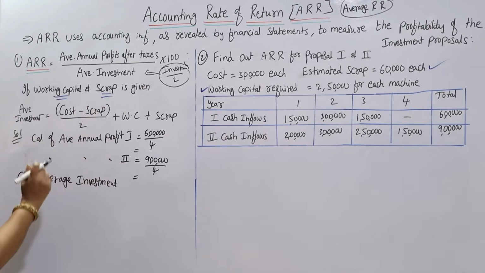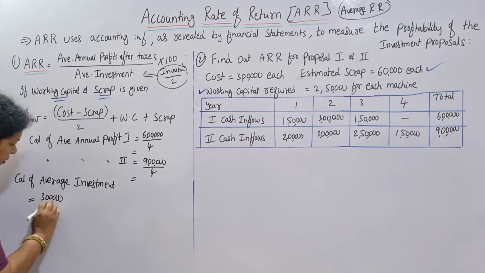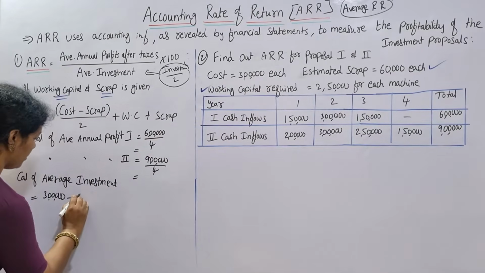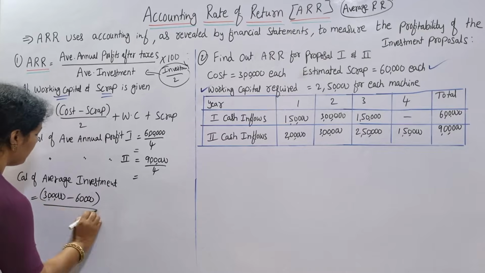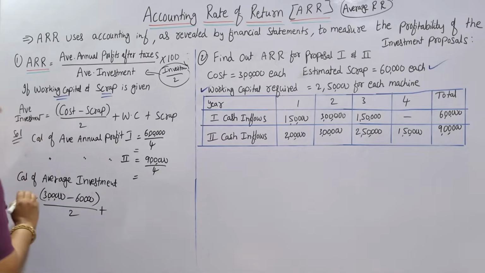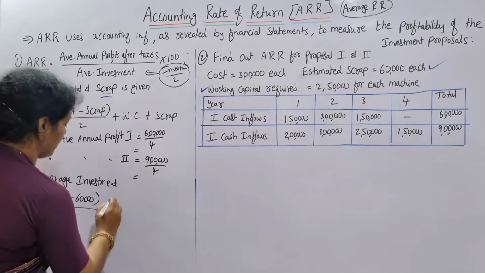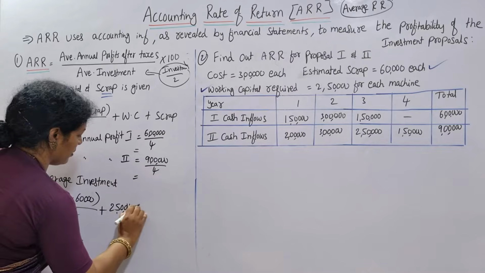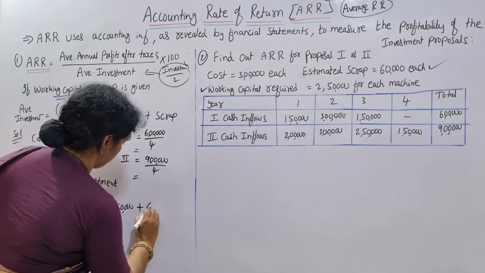Cost is how much? 3 lakh. Minus scrap, scrap value is 60,000, divided by 2, plus working capital. Working capital is 2 lakh 50, plus scrap value, 60,000.